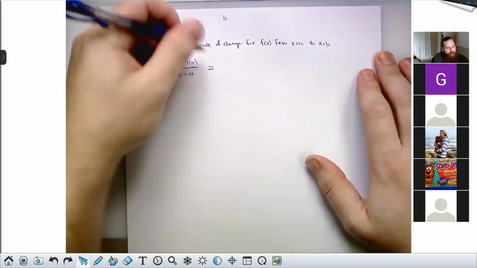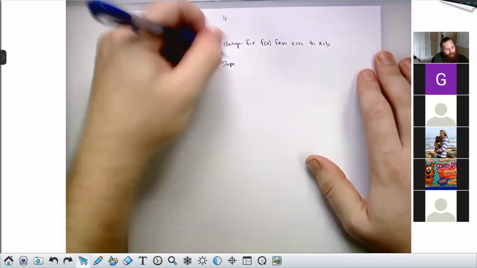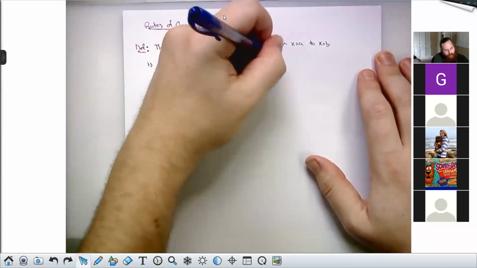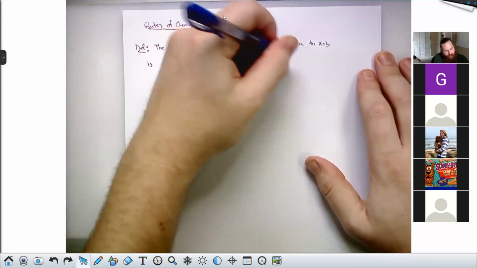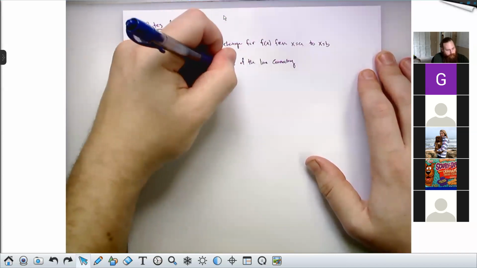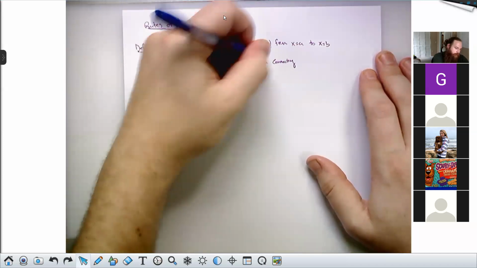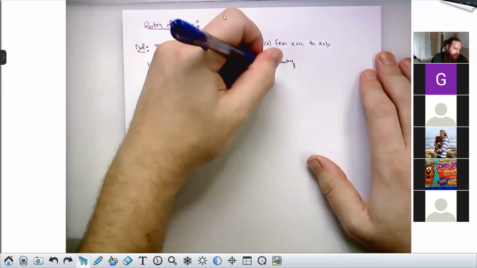And this happens to be the same as the slope of the line connecting the point a comma f of a to the point b comma f of b.